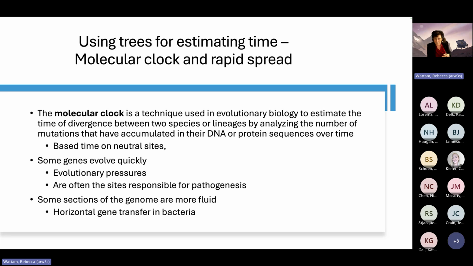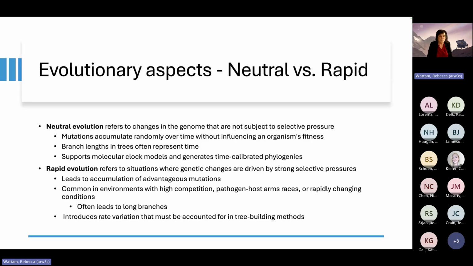It didn't inherit it from its mother cell, it got it from somebody else. And this is the way that bacteria often transfer around antimicrobial resistance genes or virulence factors. So these things you need to take into account for what you're choosing to generate a tree with.